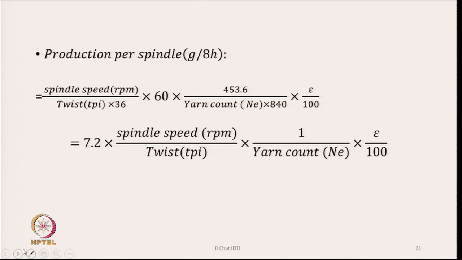The same formula is shown here with 7.2 as a factor: spindle speed by TPI, 1 upon yarn count, and multiplied by the efficiency factor. If efficiency is 80%, then we have to multiply by 80 by 100, that is 0.8, to get the proper production.